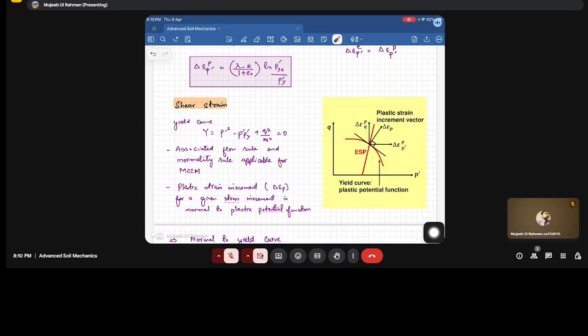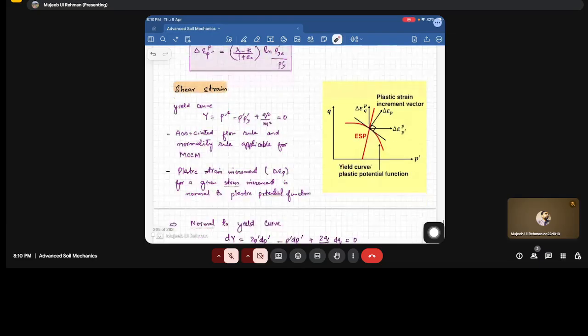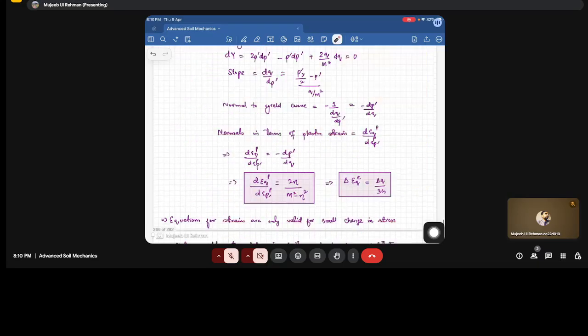So we first determine the plastic potential function, and using the slope equations of the normals of the yield function we determine this plastic strain. Fine. So this component was known to us. We just determined this.